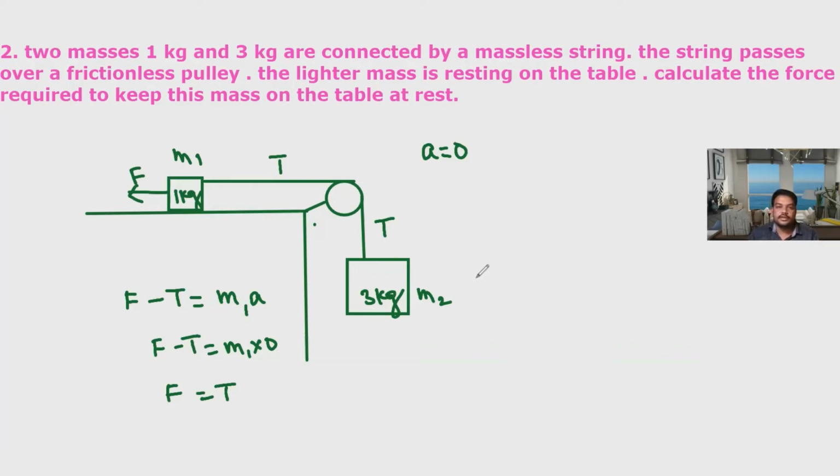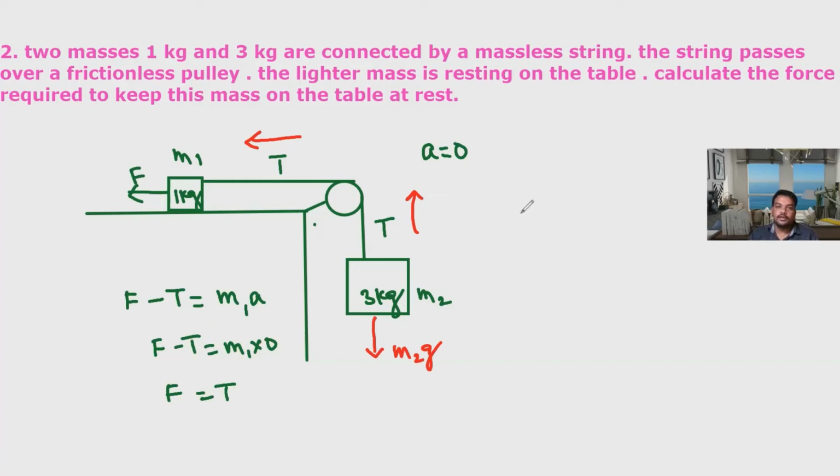Now go to the forces acting on the body M2. Its weight acts downward, M2g. Then this body also experiences a force upward.